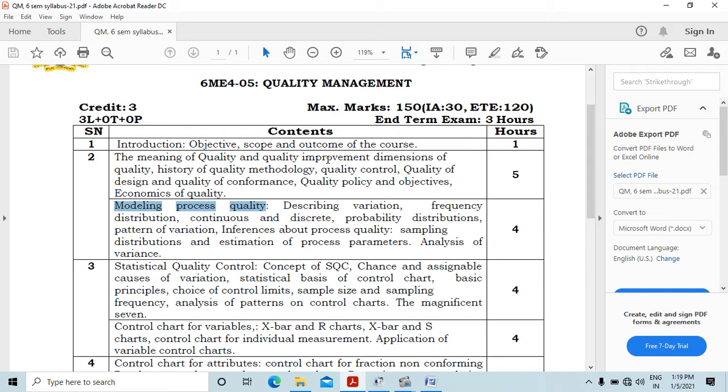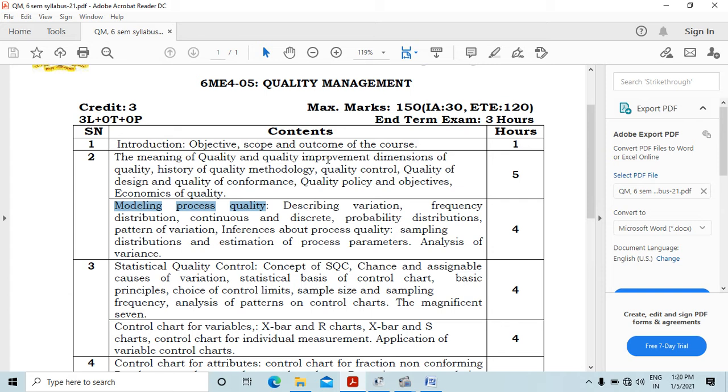In the second segment, we will discuss the meaning of quality and quality improvement, dimensions of quality, the philosophies of quality, the different procedures for maintaining quality, the quality policies, objectives and economics of quality.